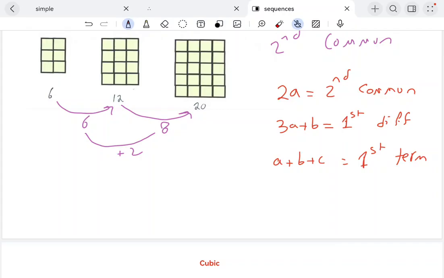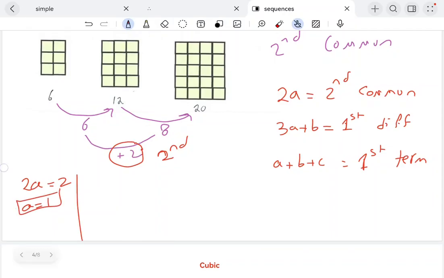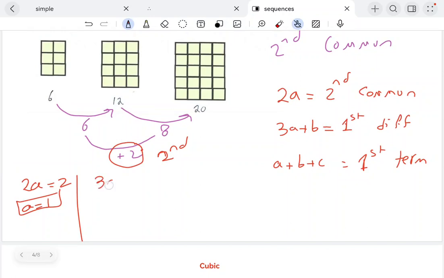Let's see here. I told you the second common difference is going to be 2. It has to be equal to 2a. So 2a equals 2. So divide by 2. So a equals 1. That's the first thing. Second one, 3a plus b is going to be equal to the first difference.